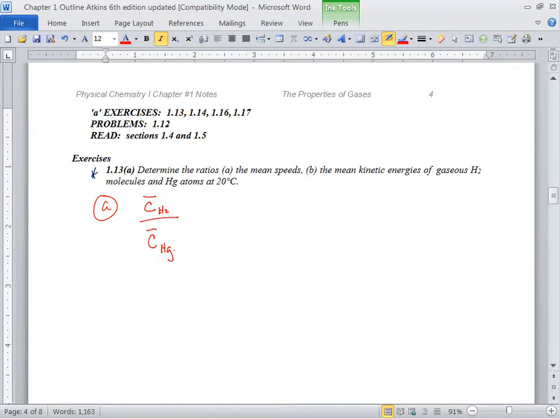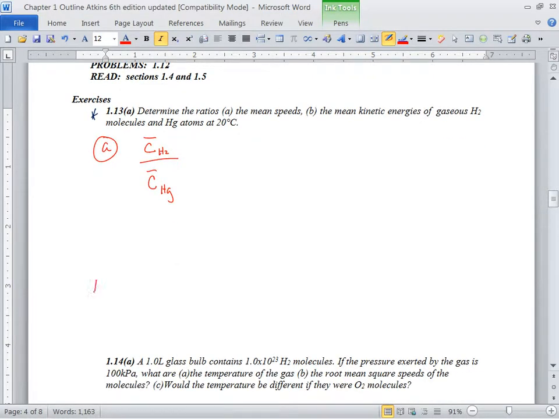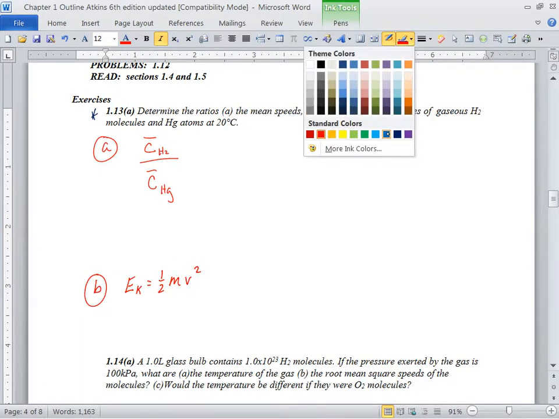That's part A. Okay. And then in part B, what they want is the mean kinetic energy of gaseous hydrogen molecules, for example. Kinetic energy was 1/2 mv squared. Okay, so let's make it for hydrogen.